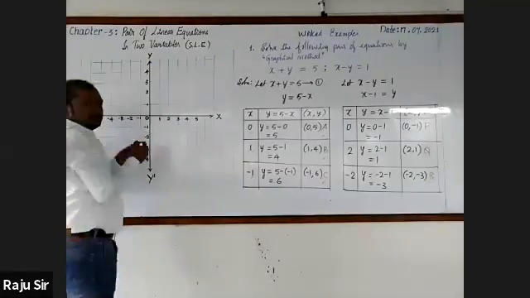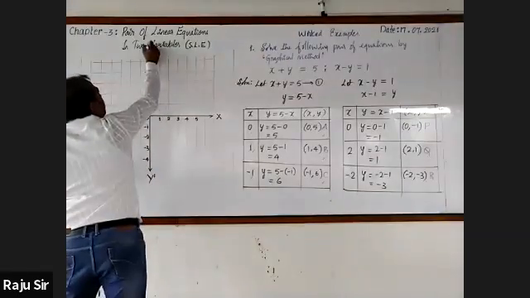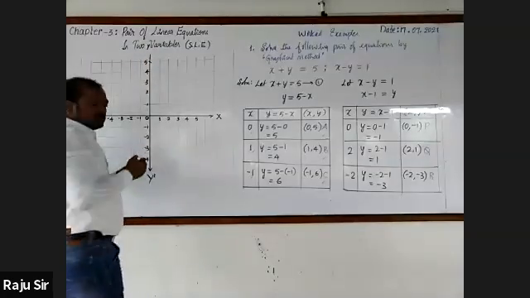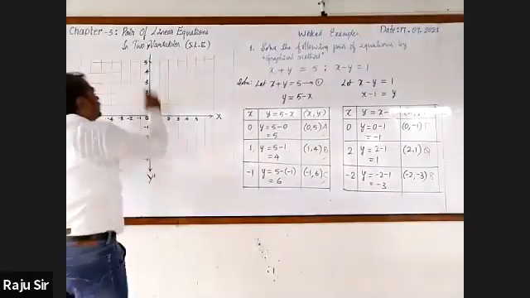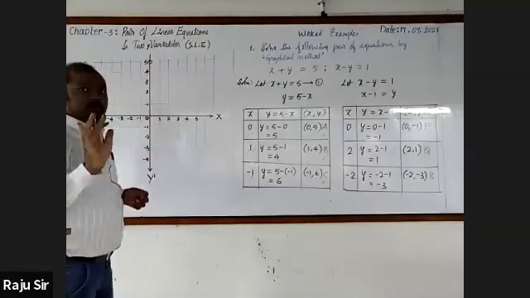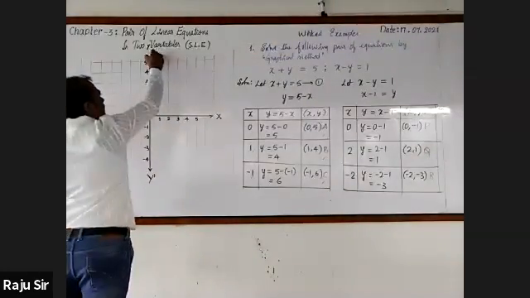That point comes here. I'm writing that number also. Just put a dot and encircle it. The first point is A.